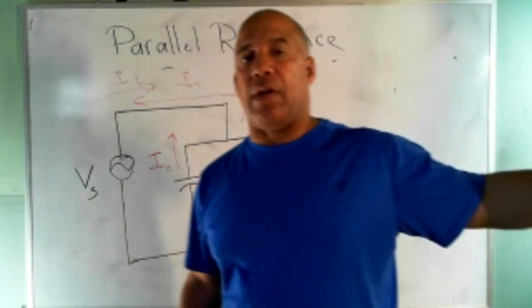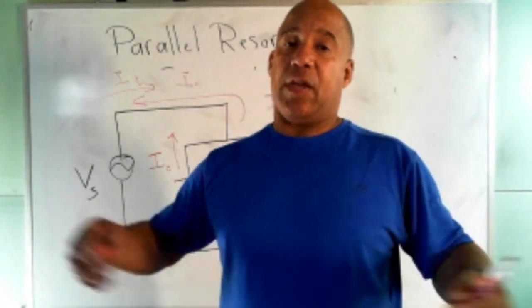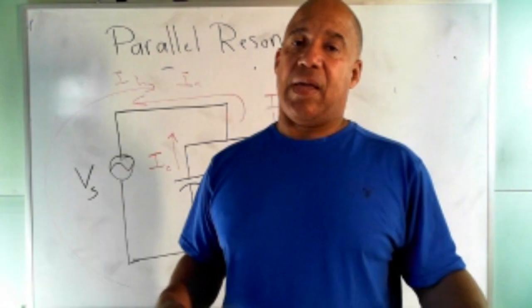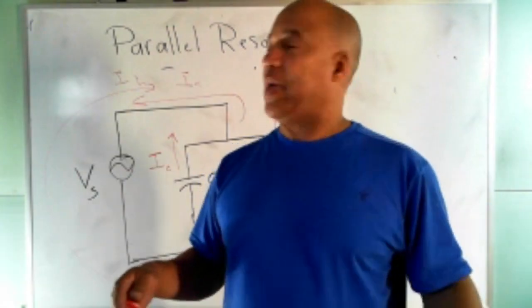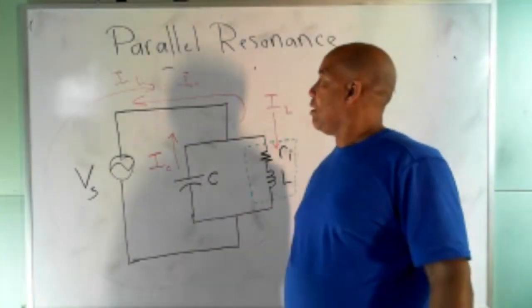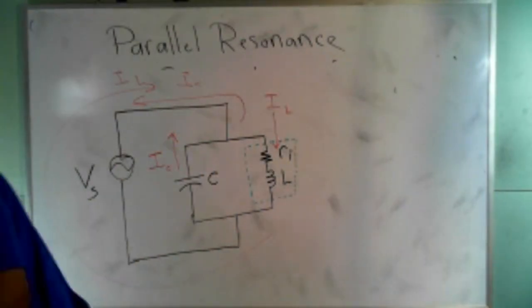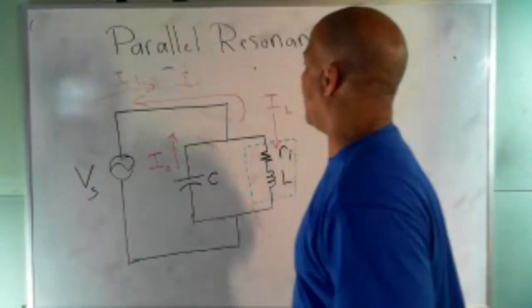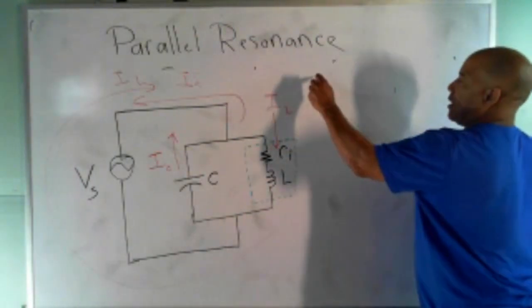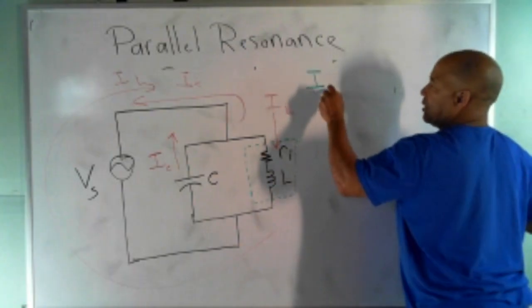Remember, in the series resonance circuit, it was the voltages that canceled out, the ohmic values canceled out, and you got maximum current. Here, it's the line currents that cancel out, completely in the perfect world, so the net current in the circuit is zero.